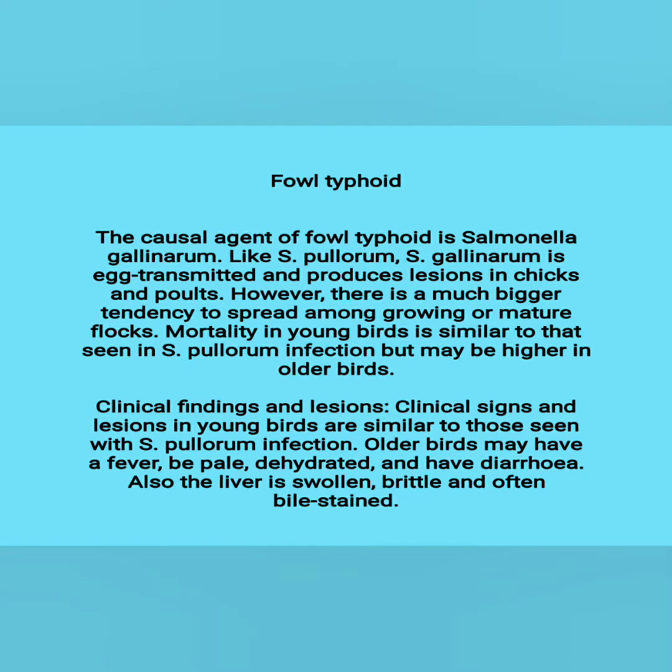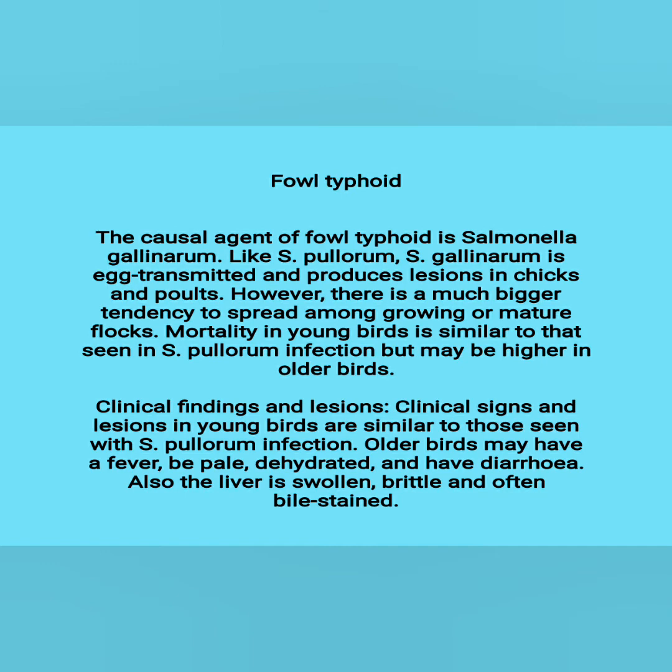Fowl typhoid: the causal agent of fowl typhoid is Salmonella Gallinarum. Like S. Pullorum, S. Gallinarum is egg-transmitted and produces lesions in chicks and poults. However, there is a much bigger tendency to spread among growing or mature flocks.